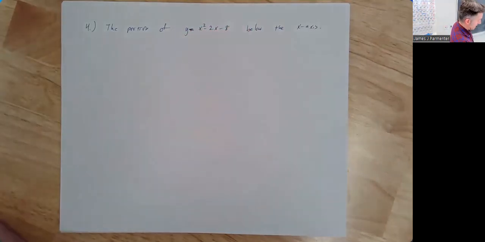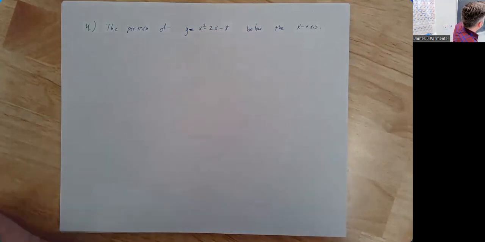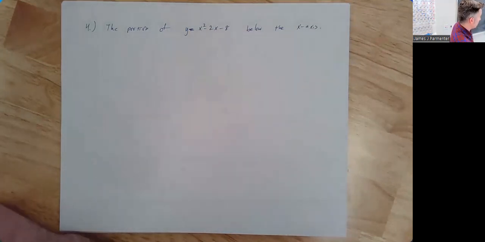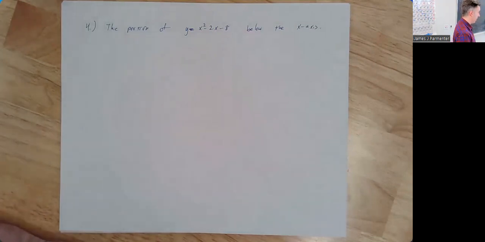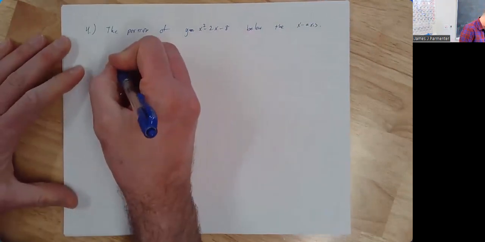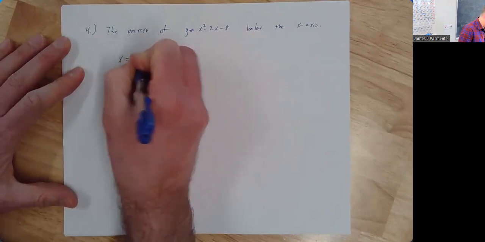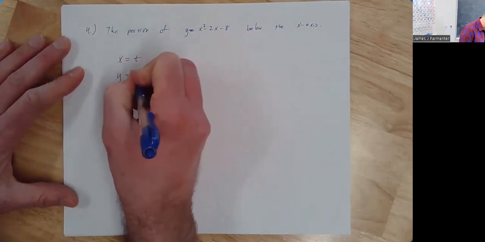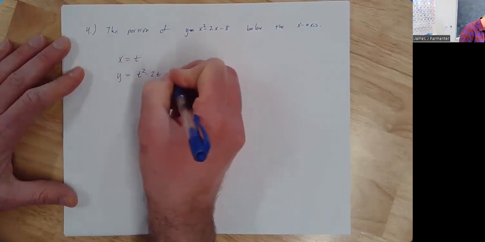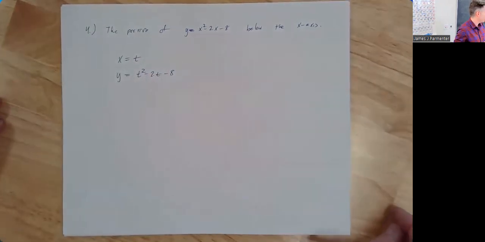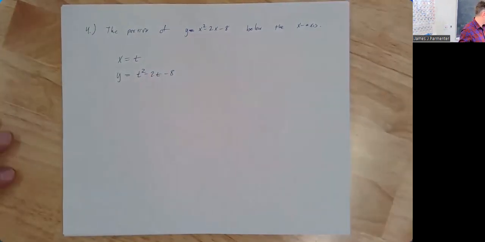So it might feel kind of lame, but if they give you y as a function of x, or x as a function of y, there's always a really, really easy parameterization. Your parameterization can just be x equal to t, y equal to t squared minus 2t minus 8. That parameterization is always available to you if you have y as a function of x.